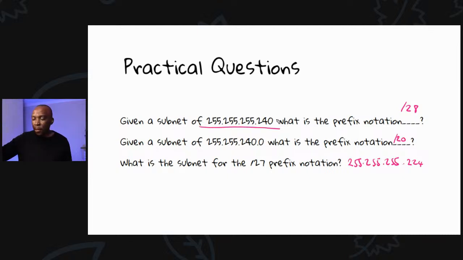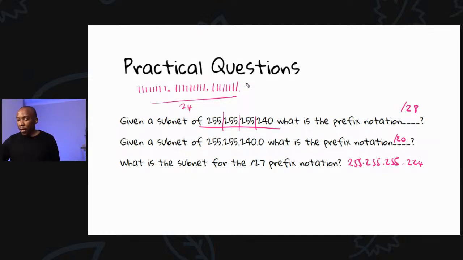By looking at this 255, I know off the top of my head it's the whole octet. So the first one is 1, 2, 3, 4, 5, 6, 7, 8, dot, 1 to 8, dot, 1 to 8, dot. So now I have 24, right?